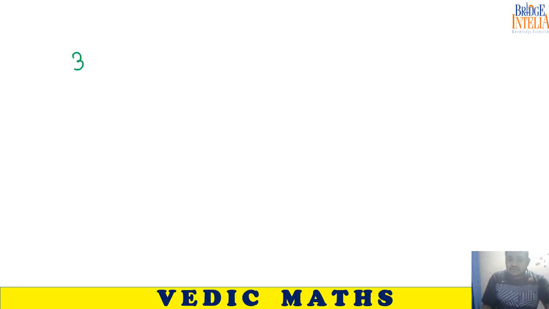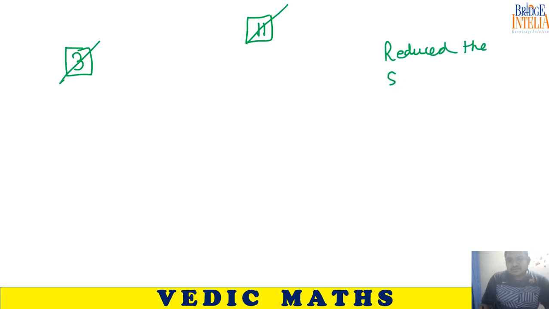Suppose I go to the blackboard, I choose 3, I choose 11. I delete both of them. So I have reduced the sum by 3 plus 11, that is equal to 14, but I have to write a new number.